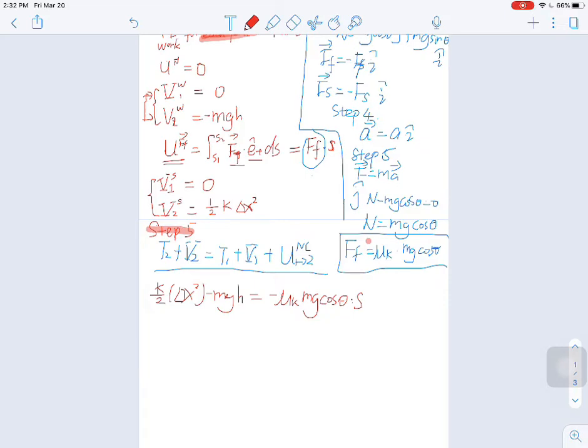Okay, and you were able to solve for this delta x. This delta x, h, and the s have some relationships, right? Because of how that block has traveled.